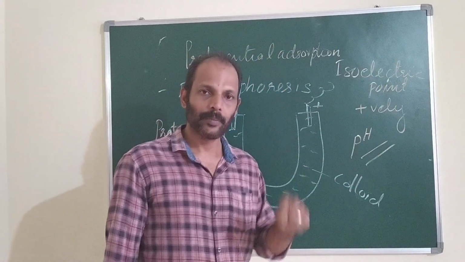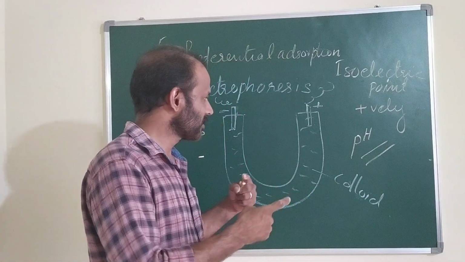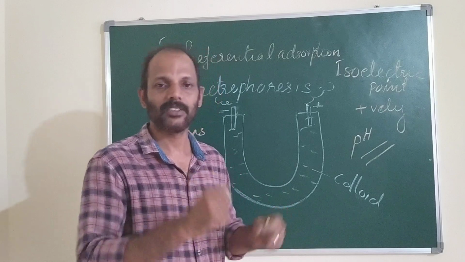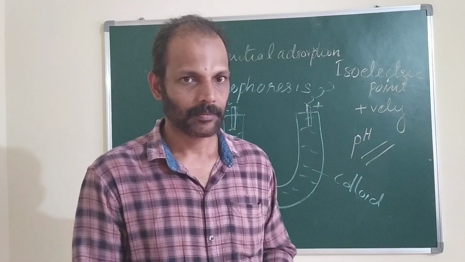Isoelectric point is the pH at which migration stops.